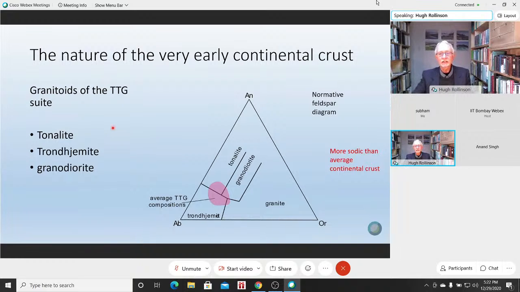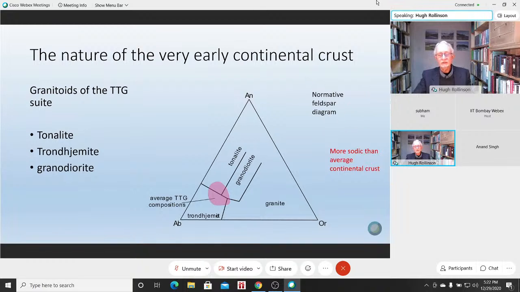You will see that we are using the components anorthite, An, albite, and orthoclase, the different components of feldspar, and we are doing what we call a normative calculation on a rock composition to produce this normative feldspar diagram.